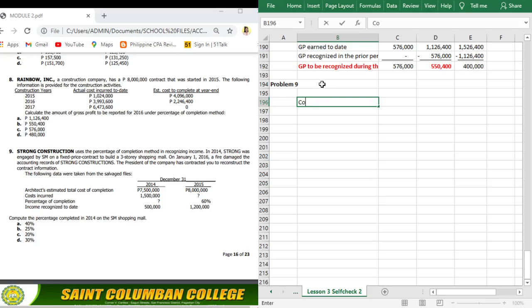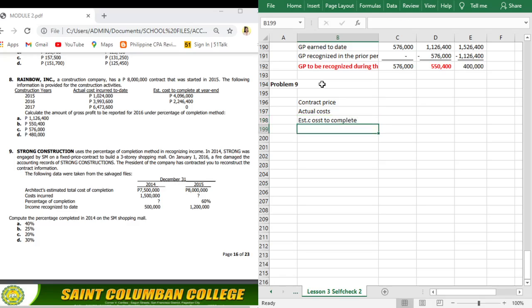So, let's start first with the contract price. Okay, but before ako i-present sa inyo katong unsaon, dali ra siya pag-solve, diba? So, we have the actual cost incurred to date and then the estimated cost to complete.